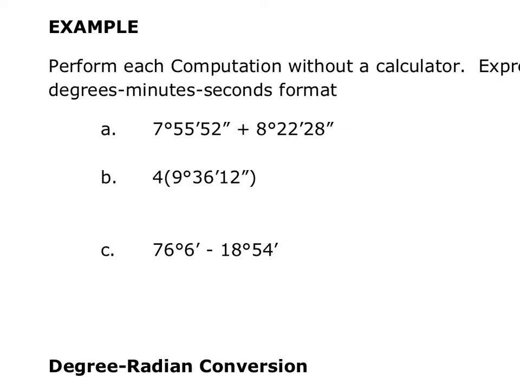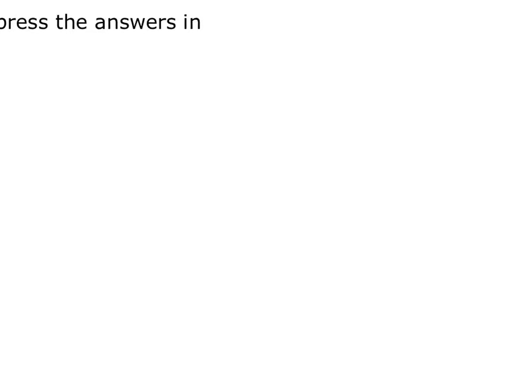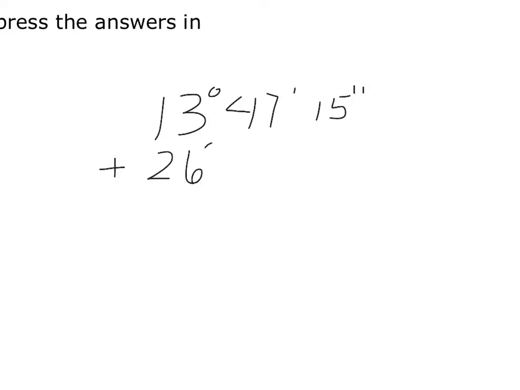All right, on these, what you have to do is add them or multiply them or subtract them. Let's just do an example. If I have 13 degrees, 47 minutes, and 15 seconds, I'm going to add to it 26 degrees, 51 minutes, and 57 seconds. Then I'm going to start with my seconds.